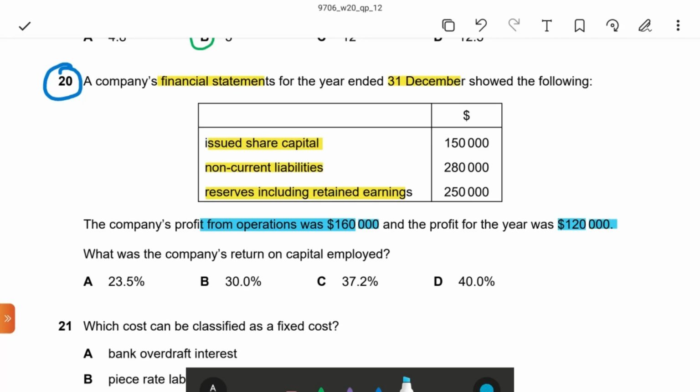What is the difference between profit from operation and profit for the year? Profit for the year means profit after interest, tax and dividend. But profit from operation means the actual profit of the company, like sales minus cost of sales minus other expense. That is profit from operation.